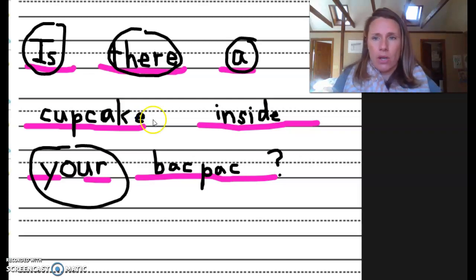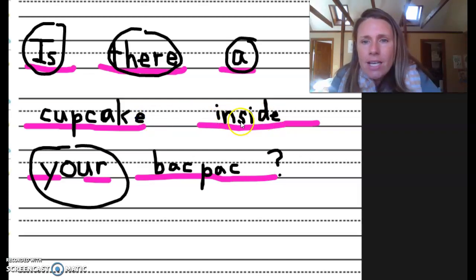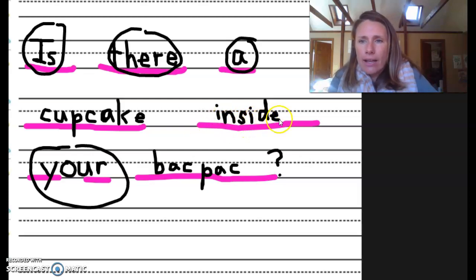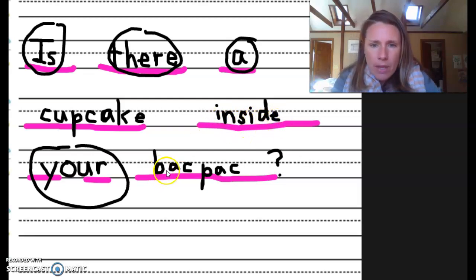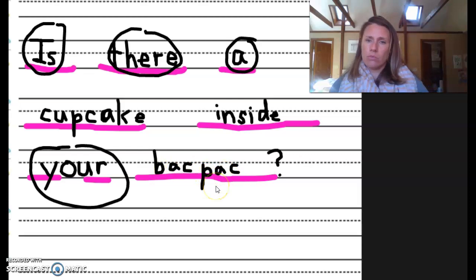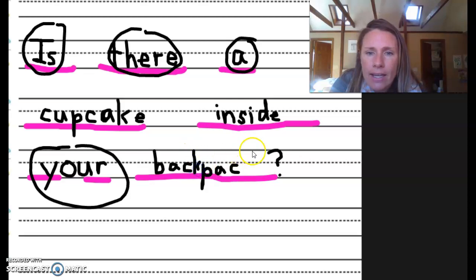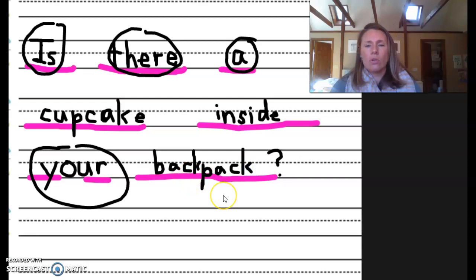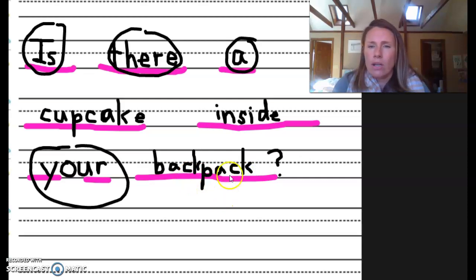Okay, that one's good. Let's check this one. Inside. That looks good. Let's check this one. Backpack. Okay, it looks like backpack. Oh, you're right. I need to have CK. Yes, it's at the end of 2 different one-syllable words. It's only just C at the end if it's ick, not ack, only ick. Icky words have ick at the end of 2 syllables.